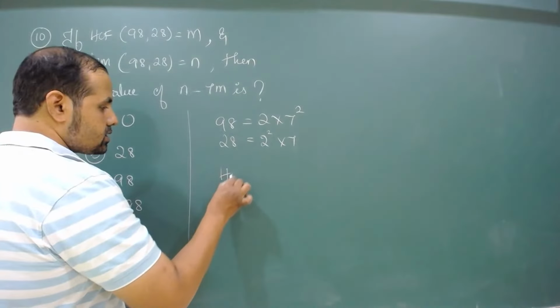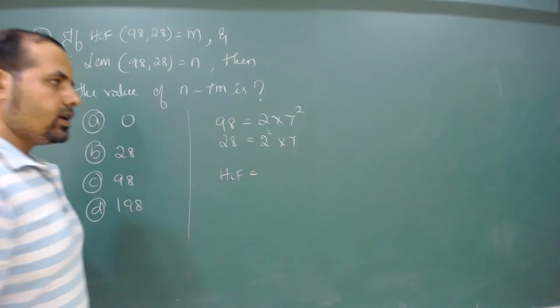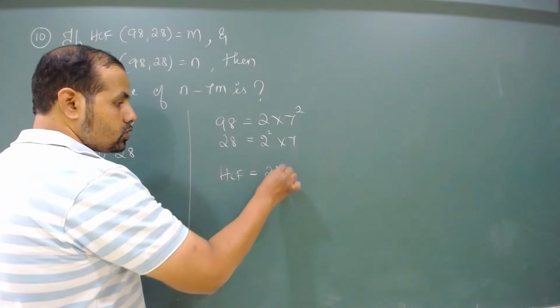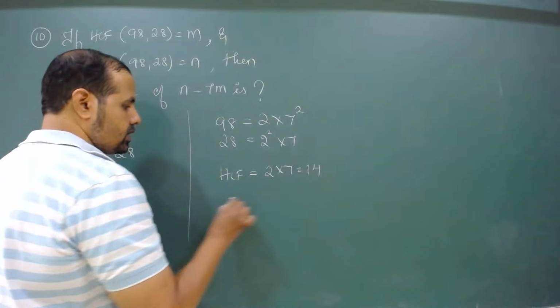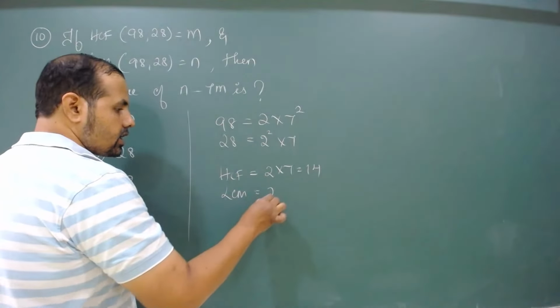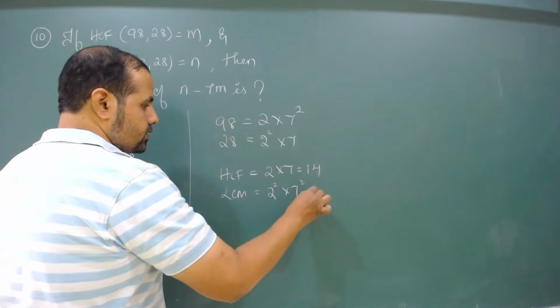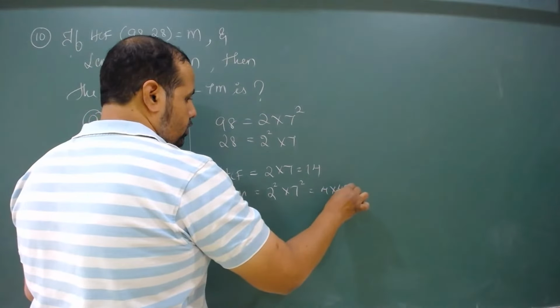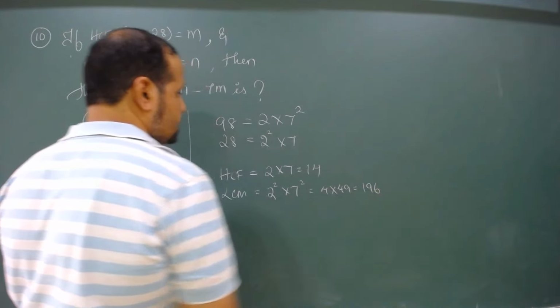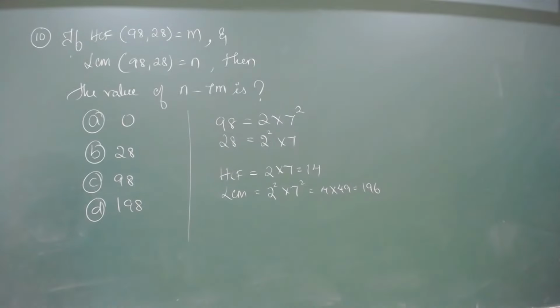Now the HCF is 2 into 7, which is 14. LCM is 2 square into 7 square, 4 into 49, which is 196.